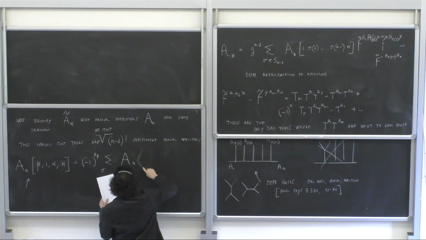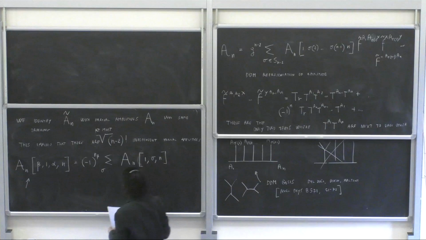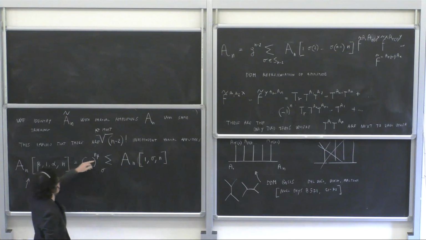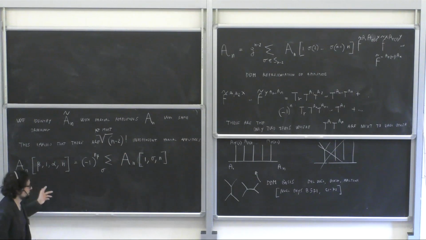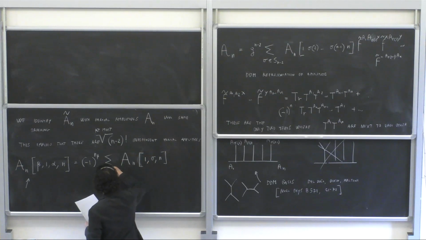Let me just use, for consistency, notation, square brackets here. 1, sigma, n. So this is an expression, of course, of partial amplitudes which are not in this set of n minus 2 factorial elements, in terms of the ones which are in this set. And here, the physical content is in this permutation, which is obtained by something called shuffle products.